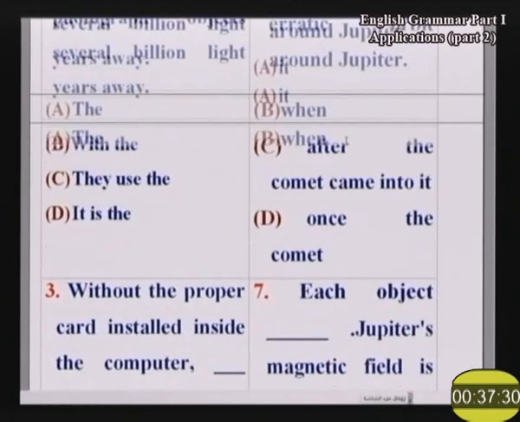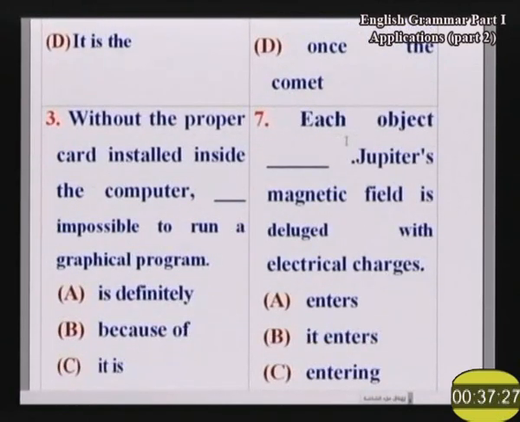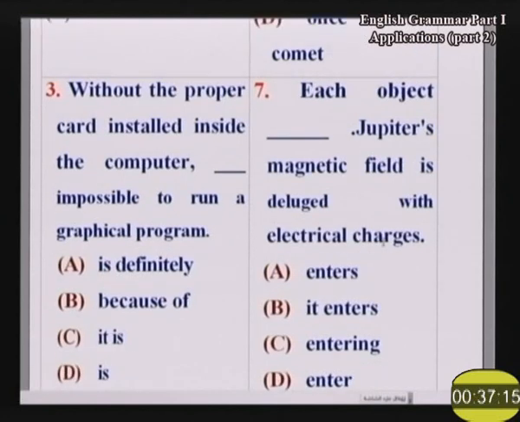طيب نشوف نمرة 7. Each object blank Jupiter's magnetic field is deluged with electrical charges. Each object، ما فيش هنا نقطة.